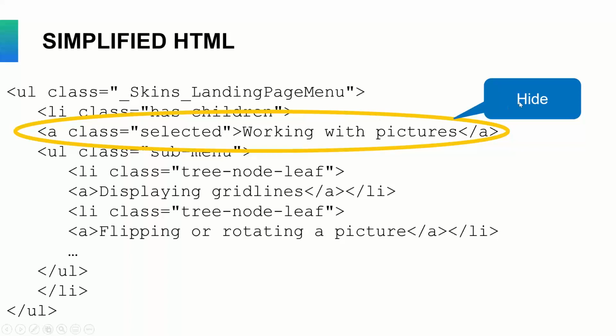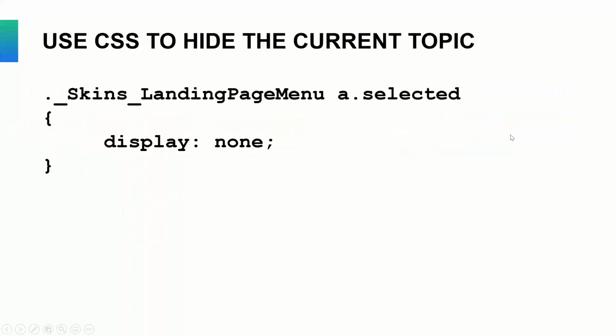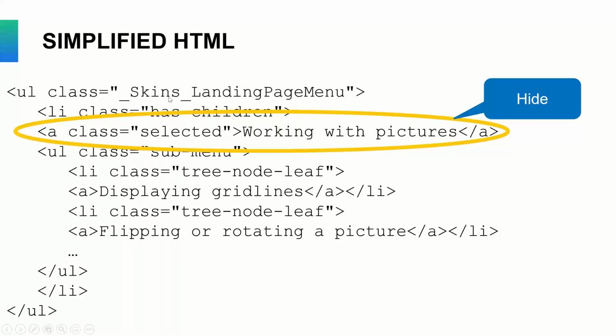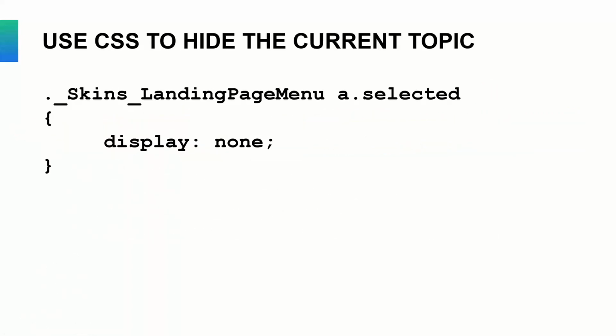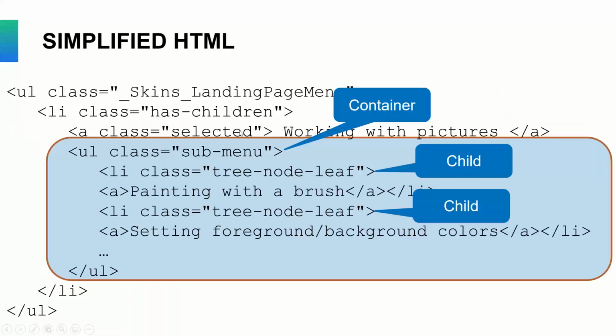So if I can hide that using CSS, it's not going to appear. And the way I can do that is just to say the link with a class of selected inside this special list. The list is always named after the landing page menu skin, the skin you've used for the menu proxy. I want it to display none, and that will make it disappear.